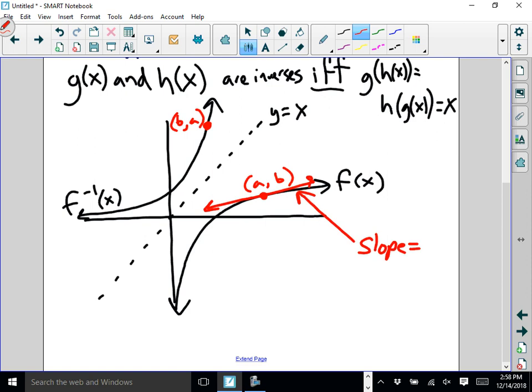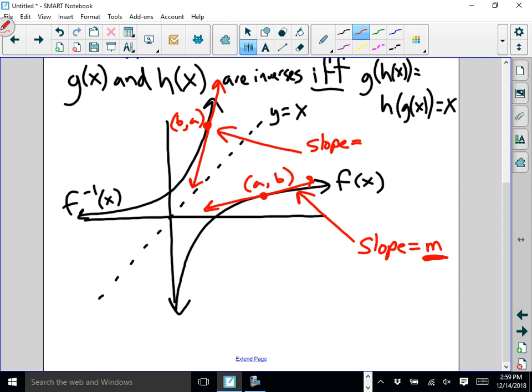Does it look like the point BA would have the same slope? Well, to me, it definitely doesn't. It looks like a very different slope. However, notice both slopes here are positive. The rule is this slope up here is always the inverse of this slope down here.